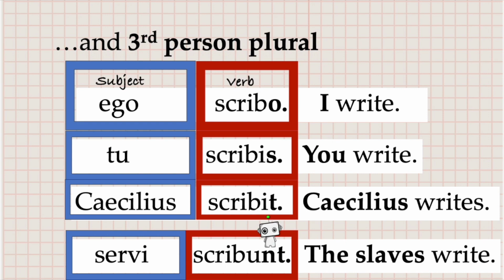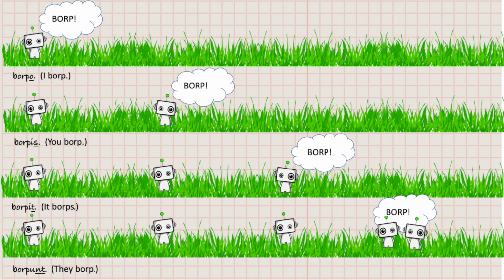Here are the little robots to give us a visual demonstration. Let's imagine a Latin verb. Little robot in the first picture is saying borp. In Latin, that's borpo. In the second picture, the second little robot is saying borp. So in Latin, that's borpis, with an S on the end.